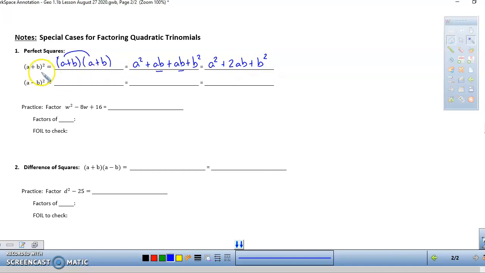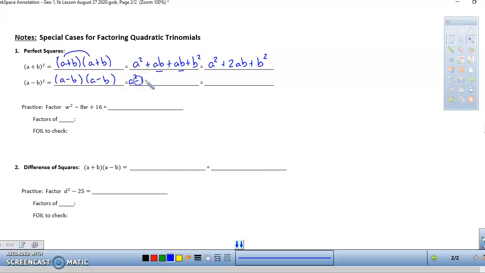Okay, so just remember when you have the factored form with the squared like that, you do have to set up the 2 sets of parentheses. So same here, you have 2 sets of parentheses, and then when you FOIL, you have a squared.